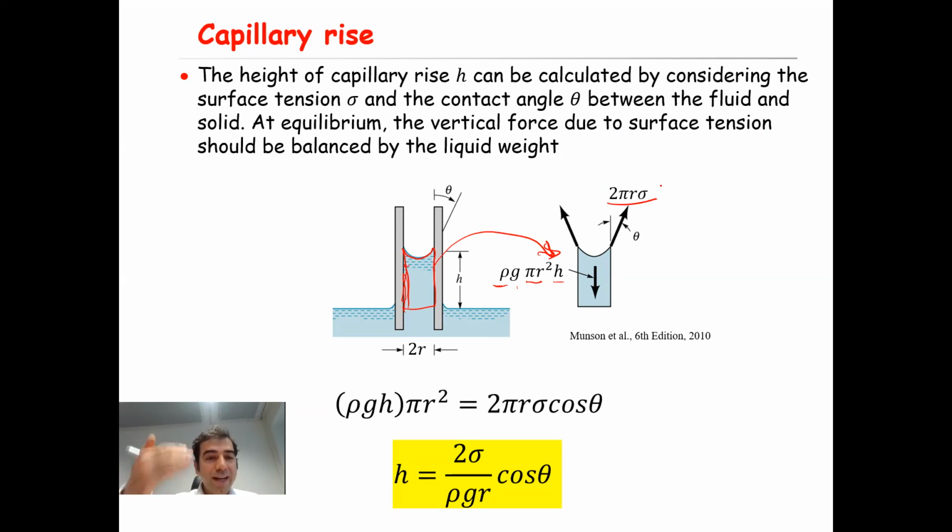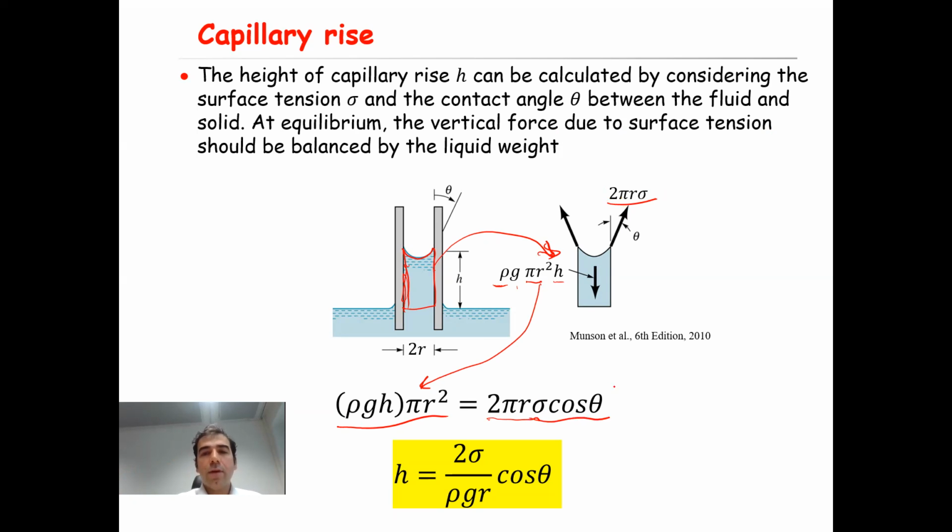Okay, so in the vertical direction, at equilibrium, these two vertical forces should balance each other. Therefore, the downward rho g h times pi r squared should be equal to 2 pi r times sigma times cosine theta, because you're considering the vertical component of the forces, right?